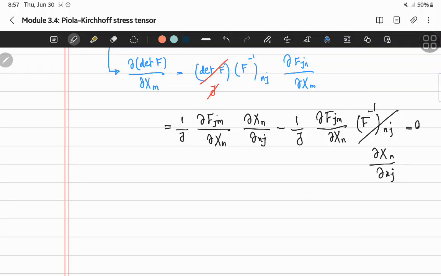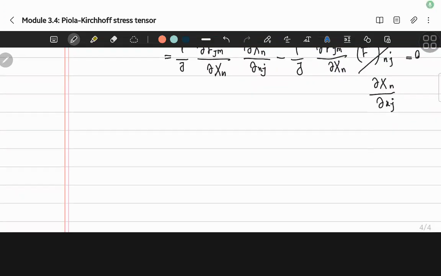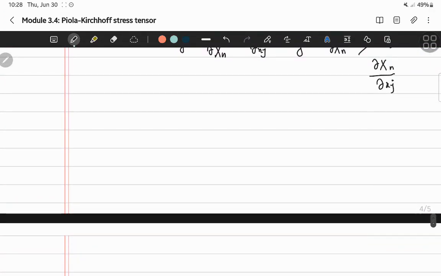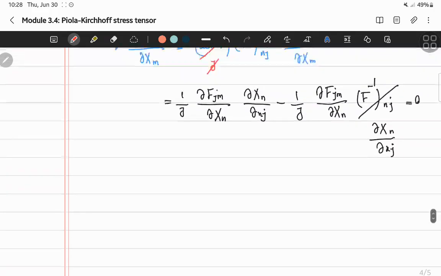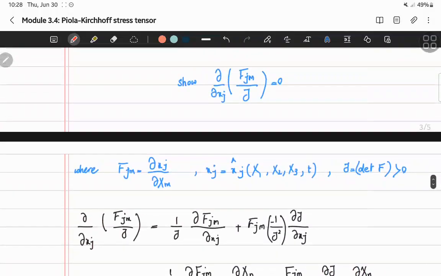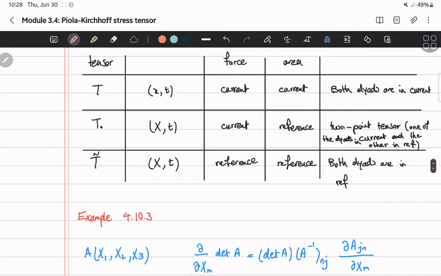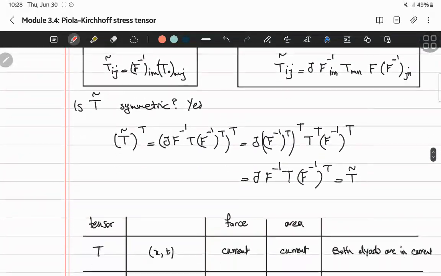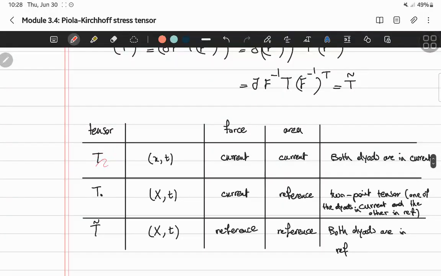Let's write the equation of motion in terms of the first Piola-Kirchhoff stress tensor. So far we derived the equation of motion based on, let's say, the Cauchy stress tensor.